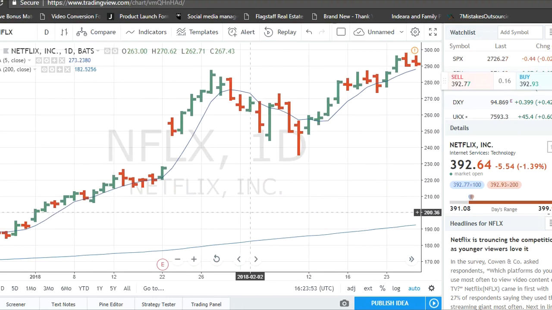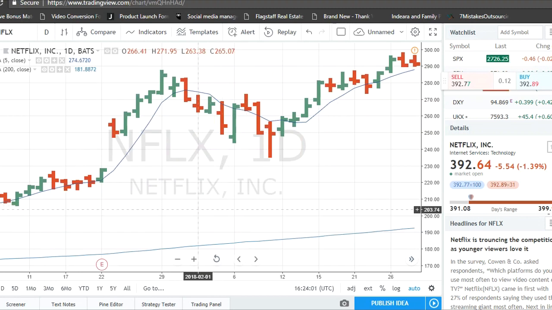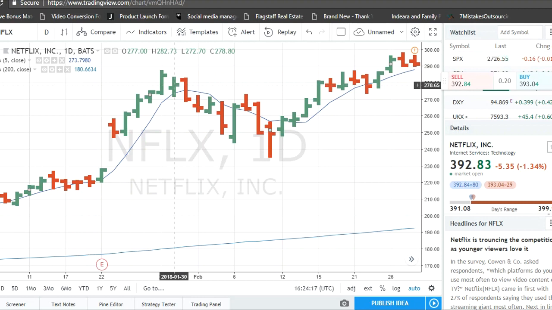So here's our example for the technique, and this is as simple as it gets. Close of this day, 277, 278.65 about. Okay, that's our starting point.